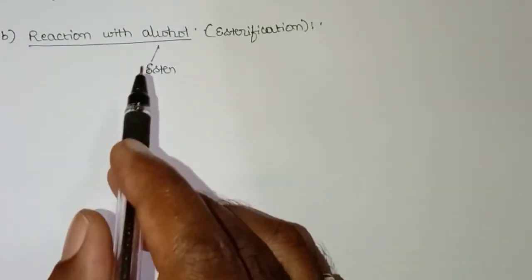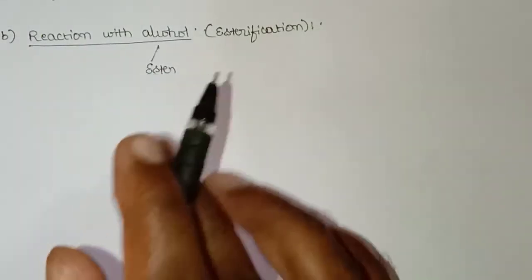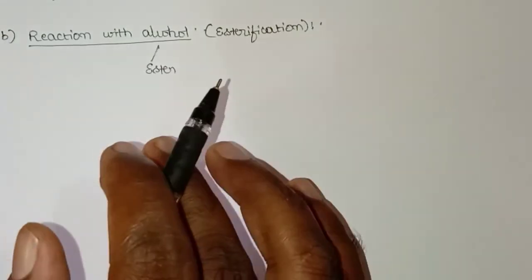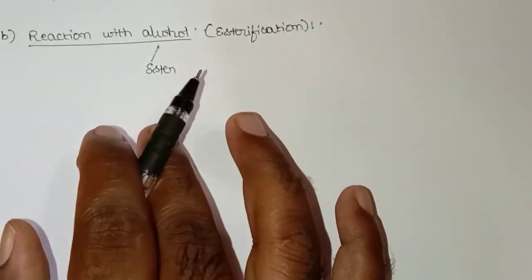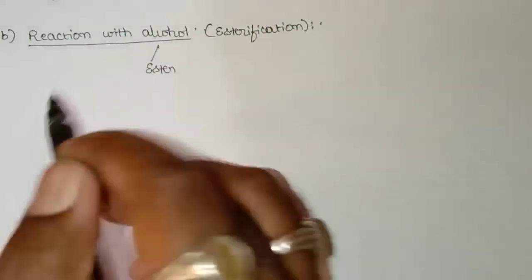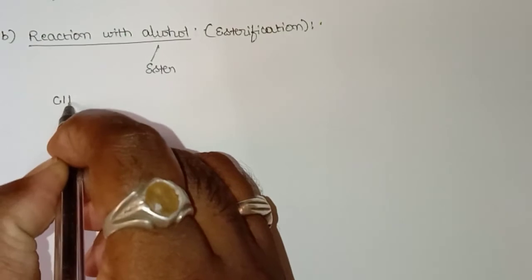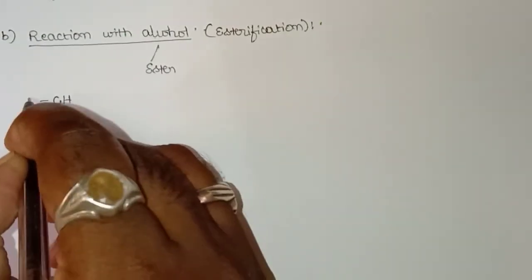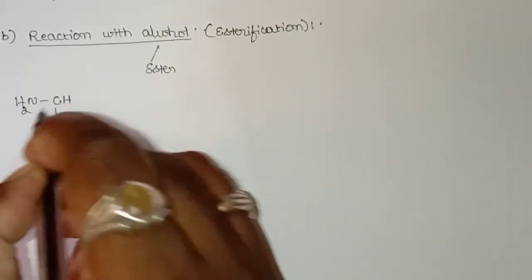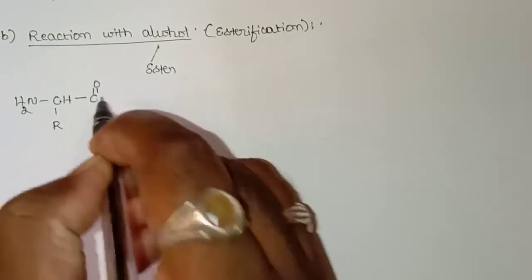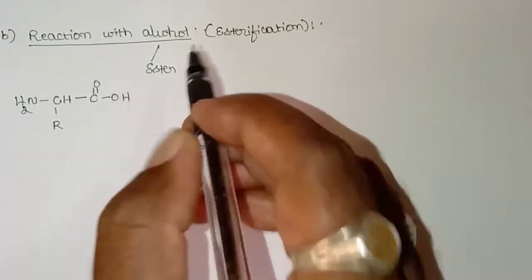Now we shall see the mechanistic pathway for the reaction of amino acids with the corresponding alcohol. Here, first we shall consider an amino acid, CH, R, NH2 and COOH, and we have to react this with an alcohol.